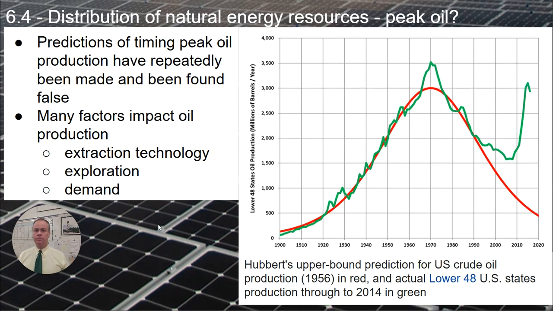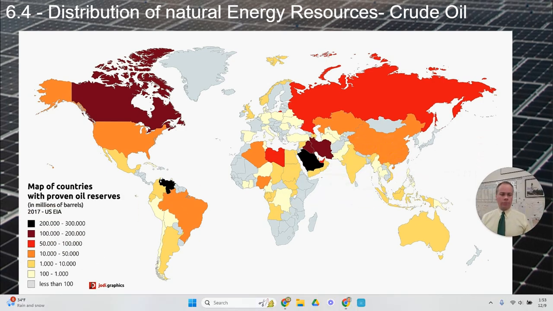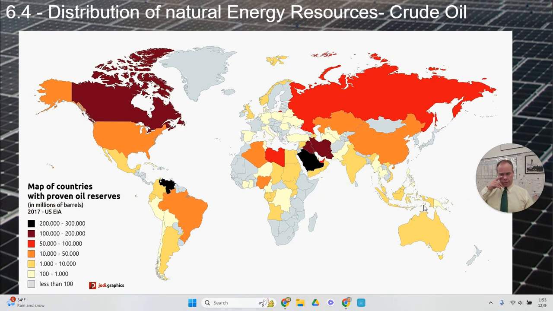So when we think about these natural resources, let's start with oil. We're going to look at a bunch of maps that show where these oil reserves or other reserves are. We can see the colors represent the proven, that means the discovered, oil reserves in these different places. There can be new discoveries of oil. Oil companies are always looking for more sources to exploit.